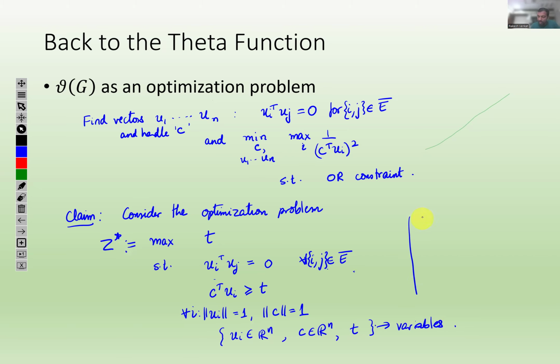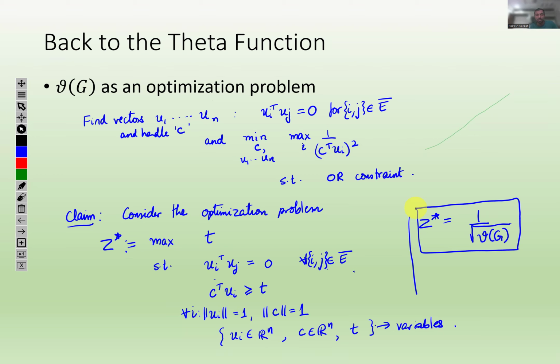Then the main thing that I want to state is Z star is 1 over square root theta of G. Okay, so this is the main key. I'll let you stare at it for a bit to understand maybe why this is true.